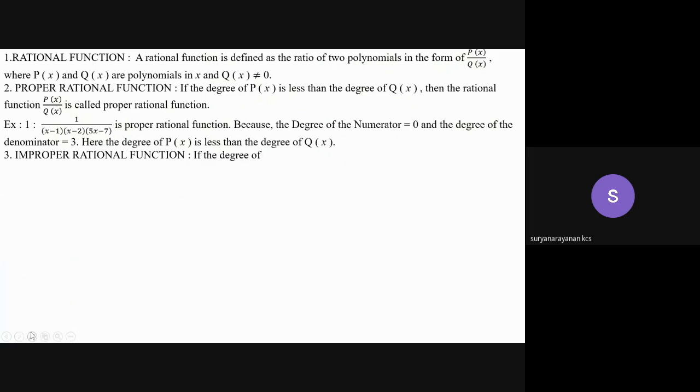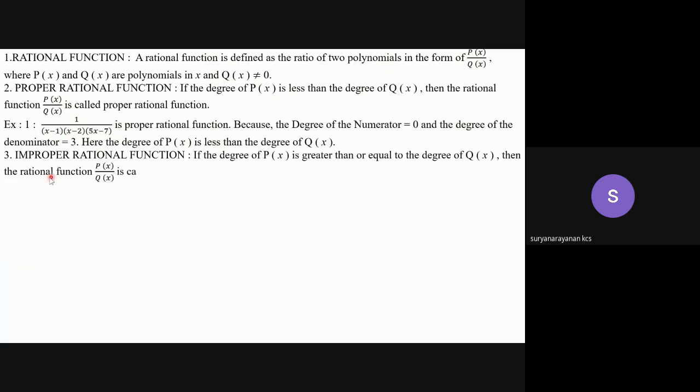In your early studies, you studied improper fractions. What is meant by improper fraction? If the numerator is equal to the denominator, or if the numerator is greater than the denominator, then the fraction is called an improper fraction.